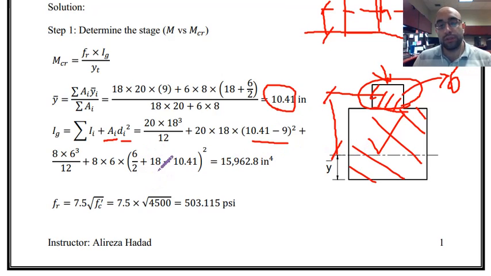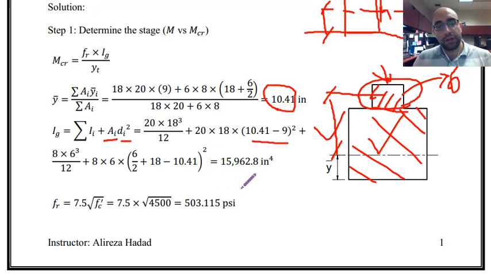That will be 6 over 2 plus 18 minus y bar. You can calculate it in different ways, but what I need to put in this parenthesis is just this distance. So I calculated the distance to the very bottom and then subtracted y bar. That will be this distance over here.